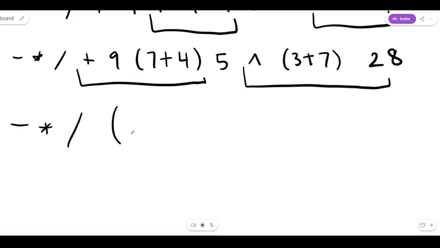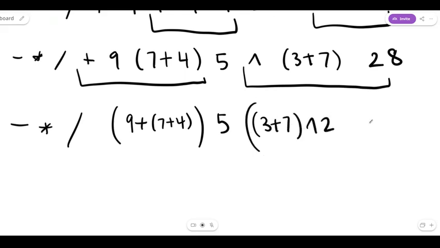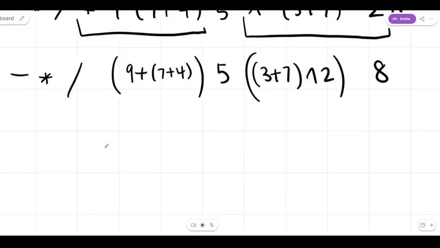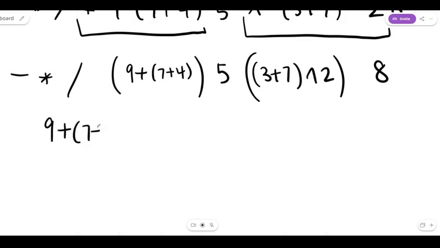So then you'd have 9 plus 7 plus 4. And then now it's pretty simple to insert the rest of the operations.